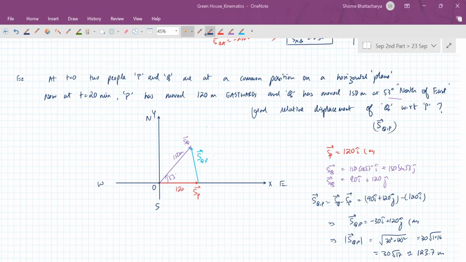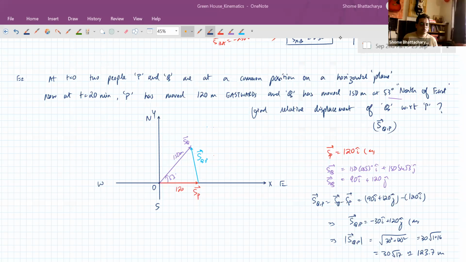Okay, people. If you've understood this example properly, we can conclude the lecture here today. Any doubt in this, please let me know.